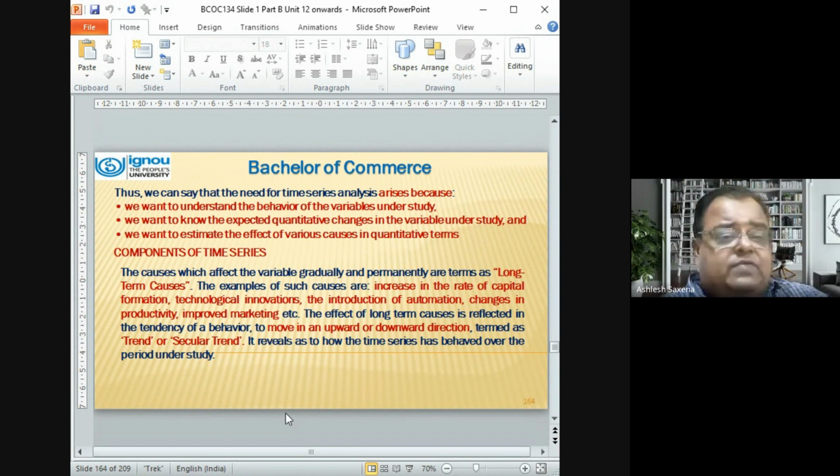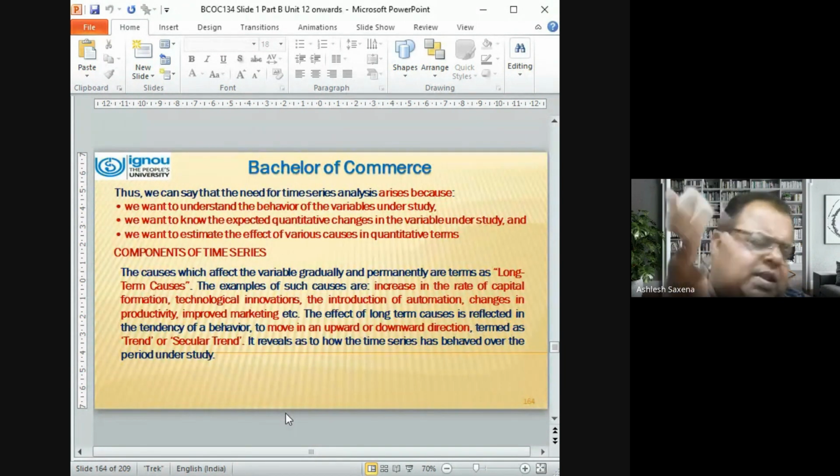Now, question is, what are the components of time series? The causes which affect the variables gradually and permanently are termed as long-term causes. Examples of such causes are increase in the rate of capital formation, technological innovations, the introduction of automation, changes in productivity, improved marketing, etc. Though there are many.